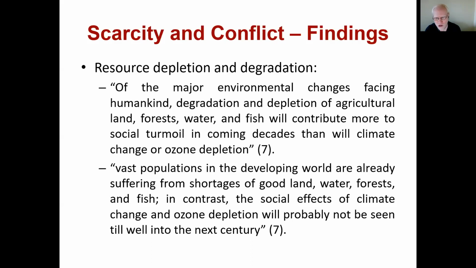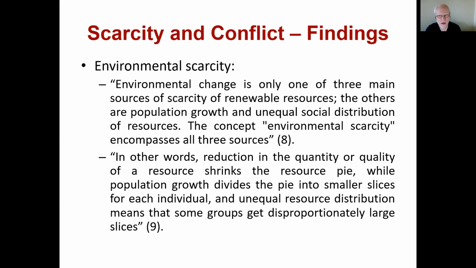But the shortage of land, water, forests, and fish is something that in certain regions of the world we've already been experiencing for decades, and so it's already been putting strain on different communities. So environmental change is only one of the 3 sources of scarcity of renewable resources. The others are population growth and unequal social distribution of resources.